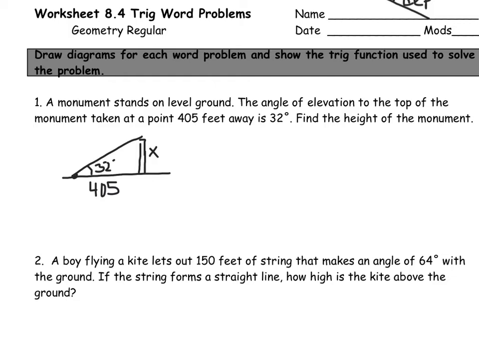And if I label H, O, A, I have something at O and something at A, which means I'm going to use tangent. So tangent of 32 degrees equals x over 405.